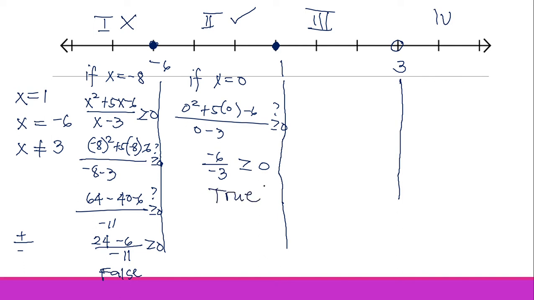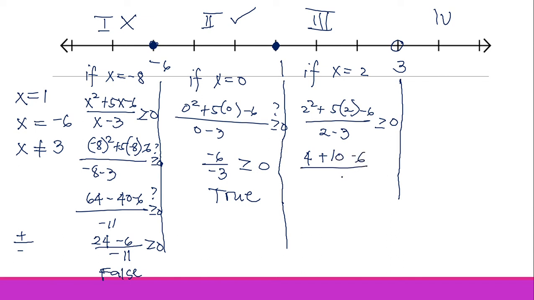Next, we go to region 3, testing that out. We can have our x here equal to 2. Plugging that in, we have 2 squared plus 5 times 2 minus 6 over 2 minus 3. Will that be greater than or equal to 0? 2 squared is 4 and 5 times 2 is 10, minus 6 over 2 minus 3, which is negative 1. 4 plus 10 is 14, minus 6 over negative 1.